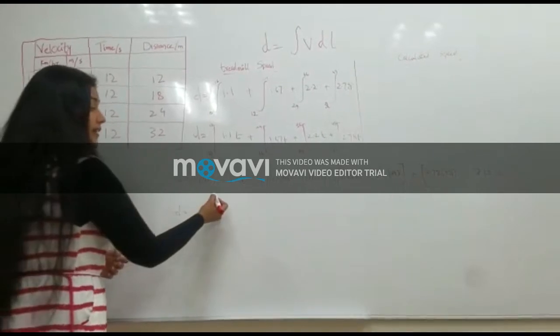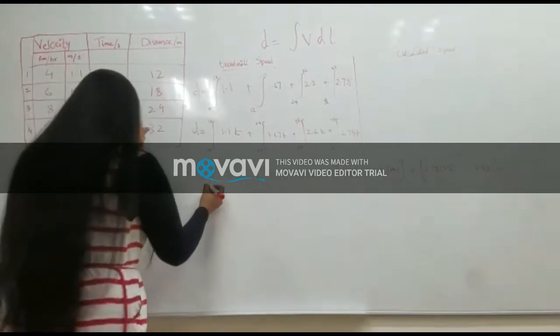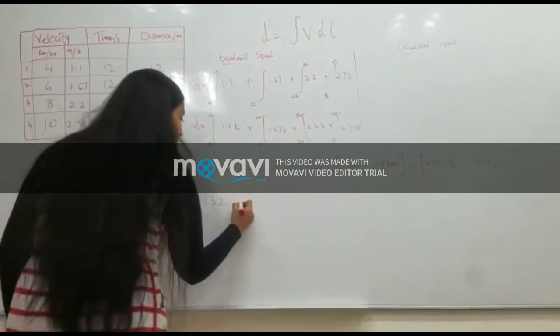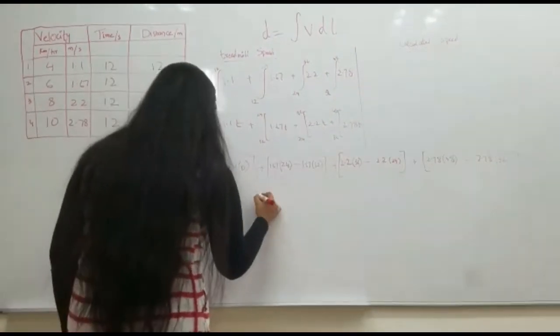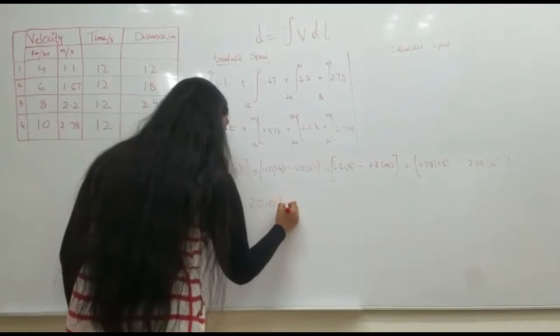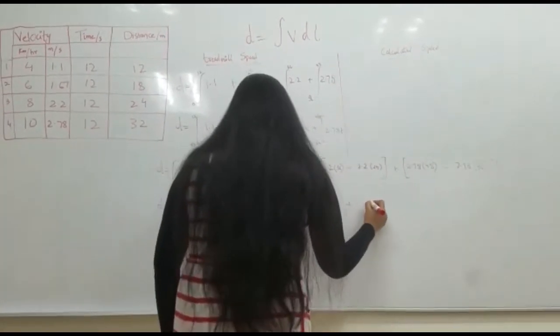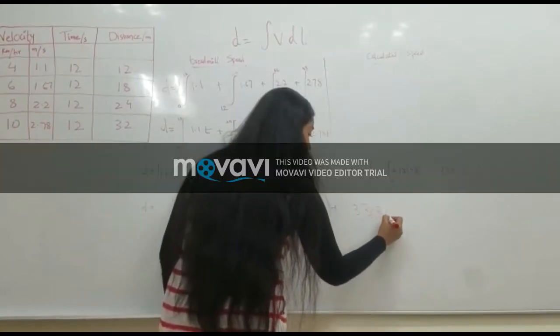At the end of the calculation, we get the values 13.2 for this part, plus 20.04, plus 26.4, plus 33.36.